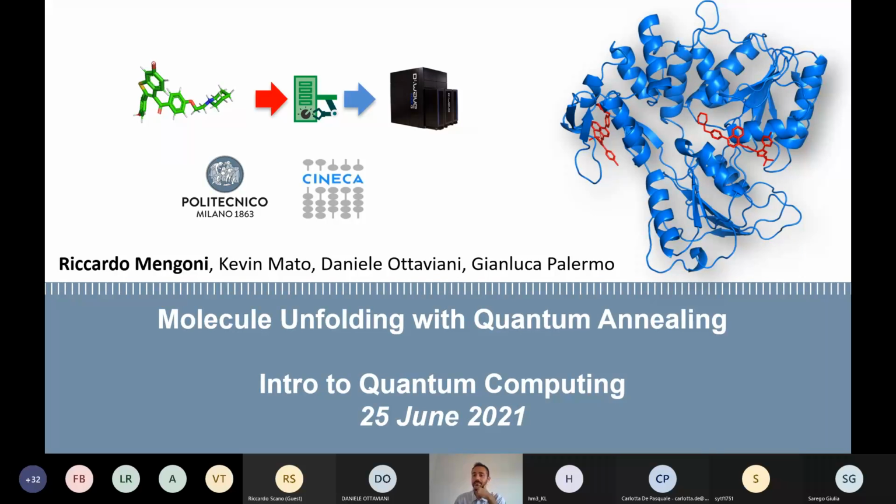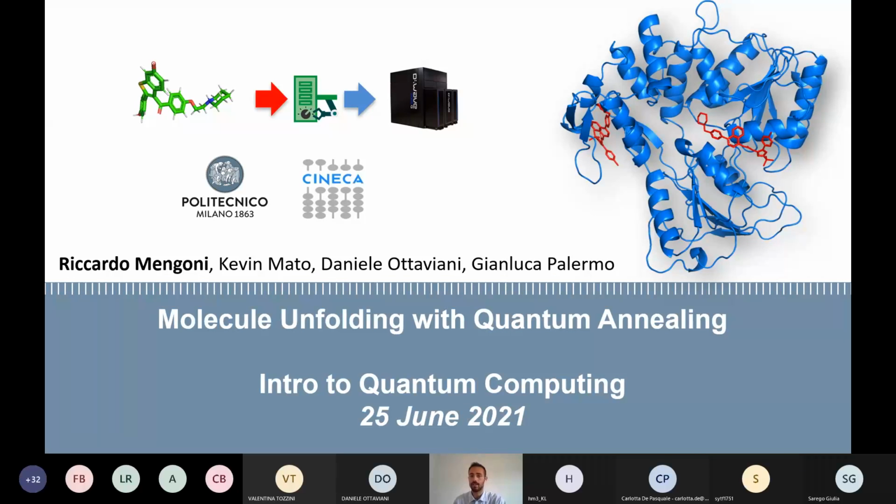In the next talk, you're going to see some application of quantum annealing in drug discovery. As you have already said in the chat, probably now quantum annealers, since they are larger in size, can handle problems that are beyond the reach of what gate model can do.